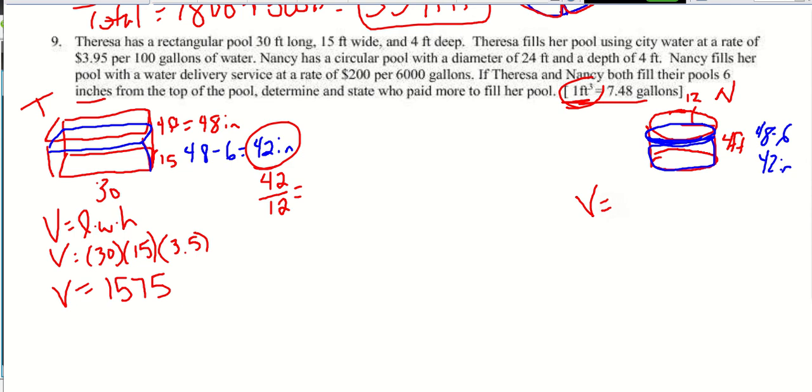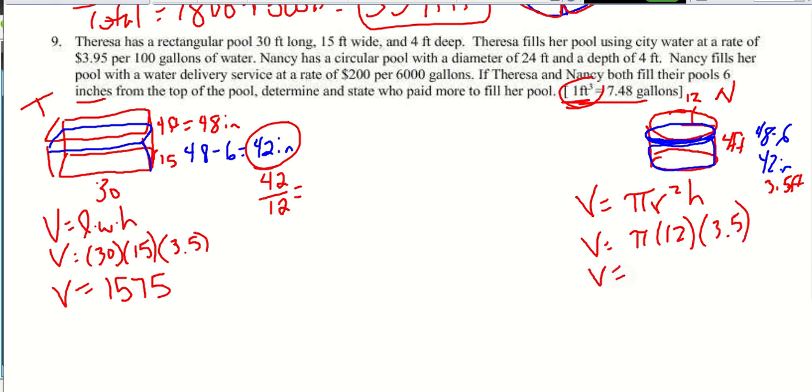So the volume here is going to be the same, since the calculation is the area of the base times the height. The base is a circle, so pi r squared h. So pi times the radius. Remember, we said it is 12 because the diameter is 24 feet. And remember, the height once again is 3.5 feet. And so squared.